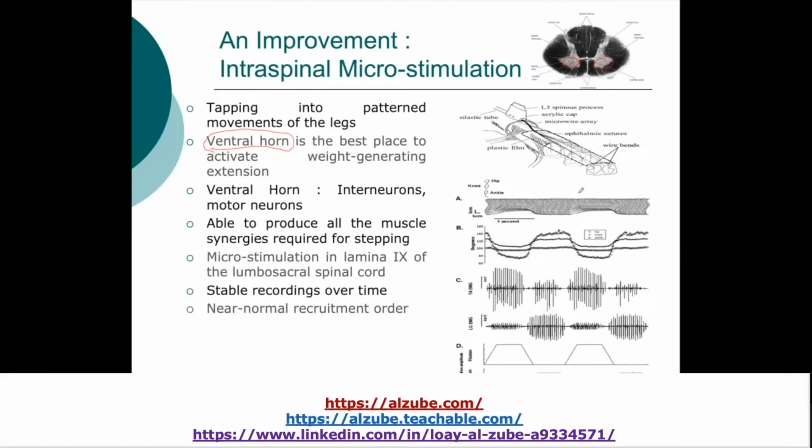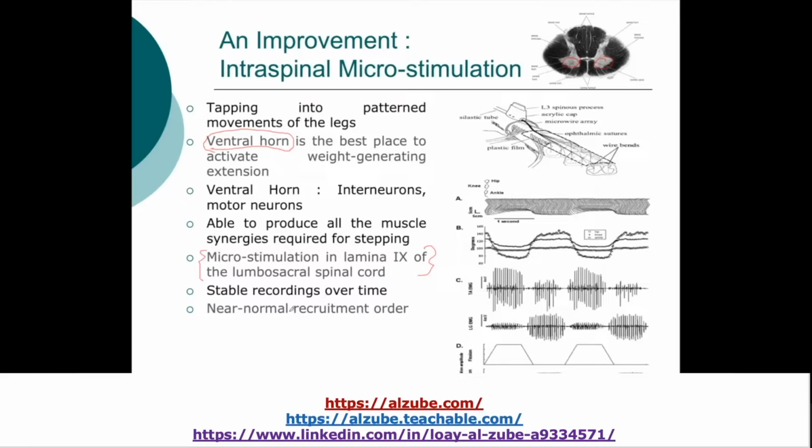And also, microstimulation is laminar of the lumbosacral spinal cord. So all of this means that we are targeting the lower part of the spinal cord that controls the movement of the lower extremities.